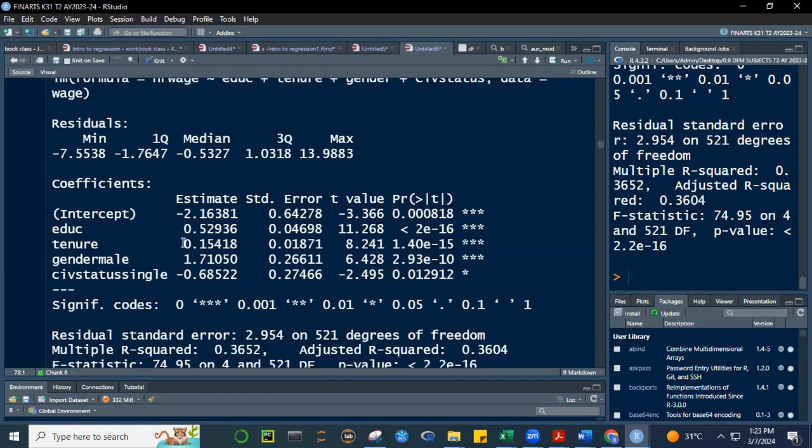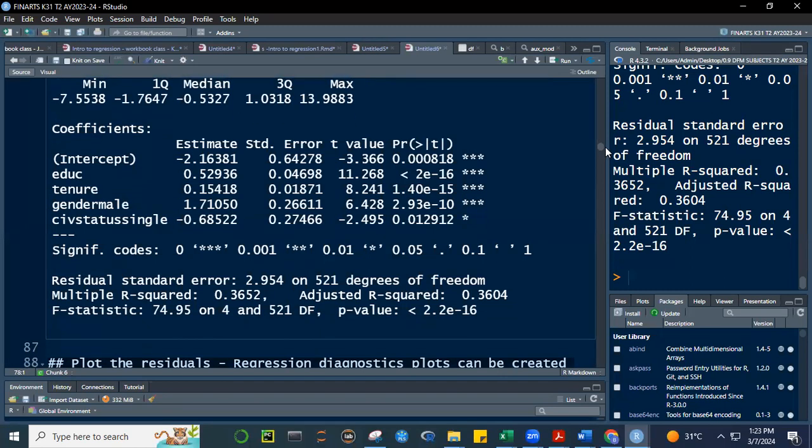Hourly wage is equal to negative 2.16, I'll just put two decimal places, plus 0.53 times education, plus 0.15 times tenure, plus 1.771 times gender, minus 0.69 times civil status, plus epsilon sub t. That will be our model.